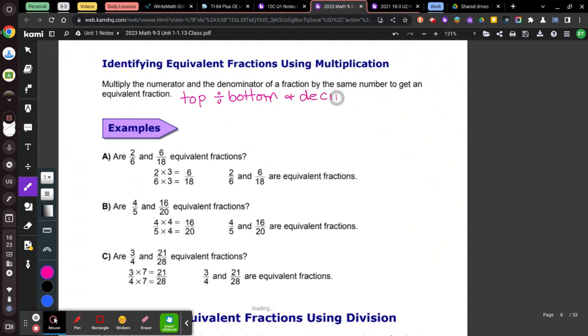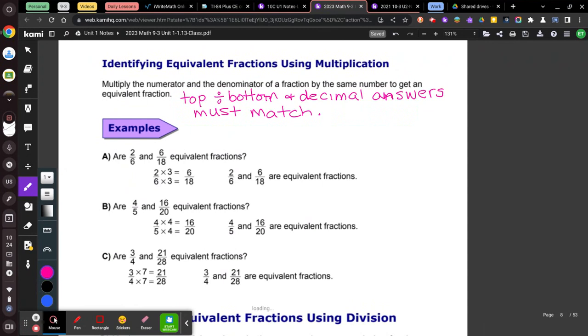The decimal answers must match. Whoops, not a C, an S. Okay, so the decimal answers have to match.